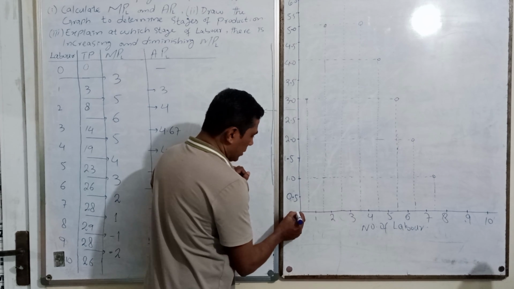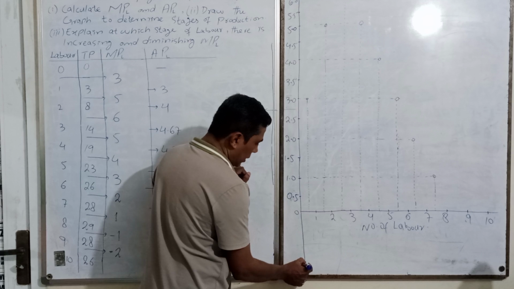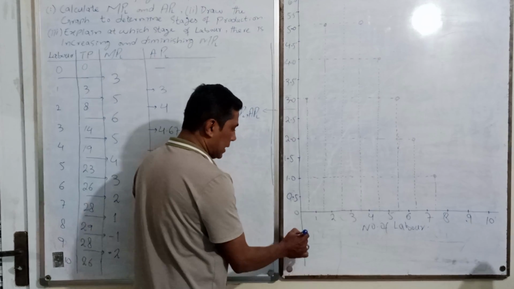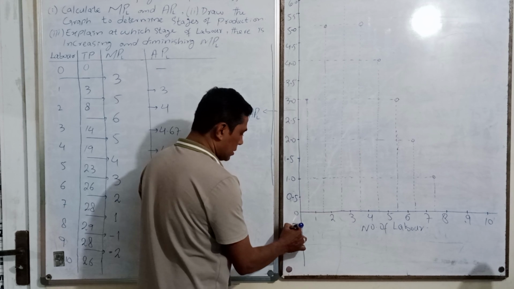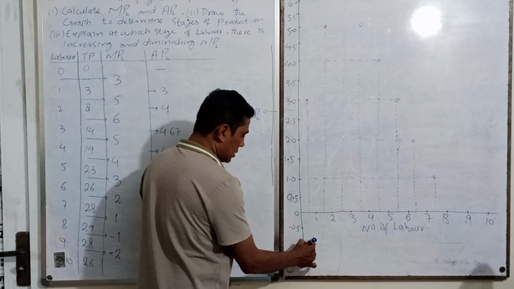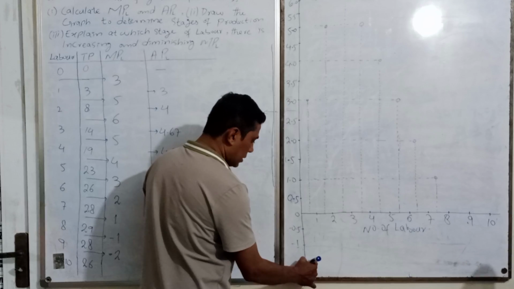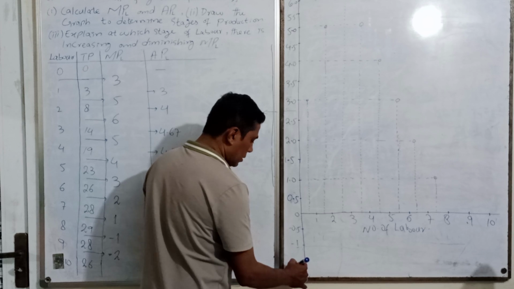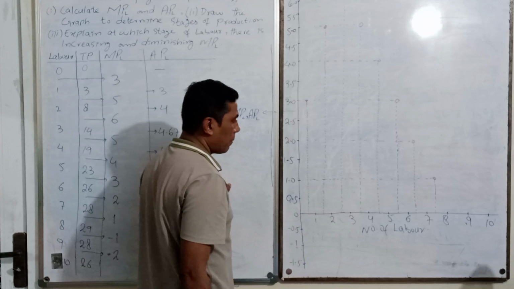Okay. One mistake here. I have to extend this graph into the negative quadrant of the y-axis. What does it mean? This is minus 0.5, this is minus 1, and this one is minus 1.5, and so on.